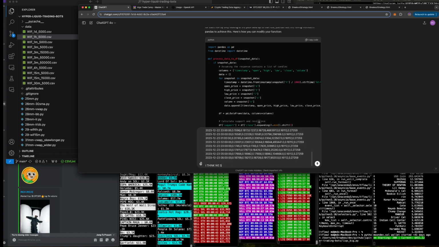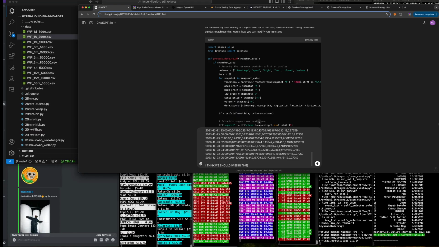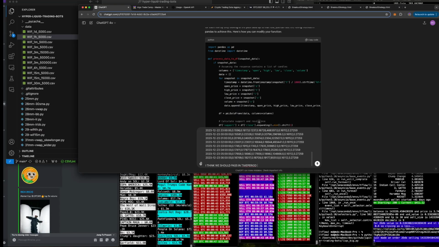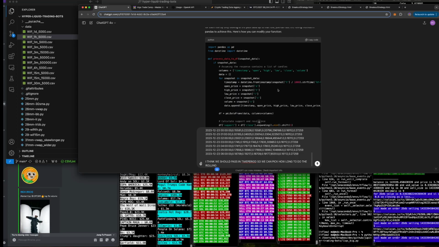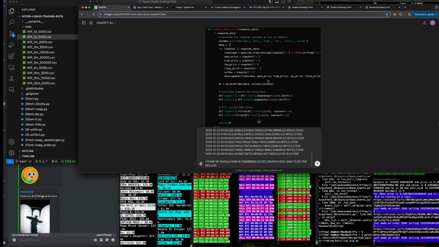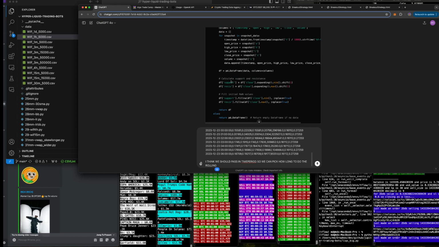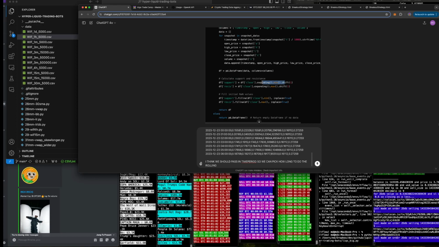I think we should pass in a time period so we can pick how long to do the rolling. Where is this even rolling at though? Calculate support and resistance, expanding min shift 1.